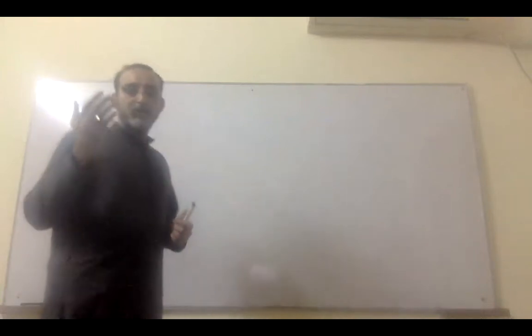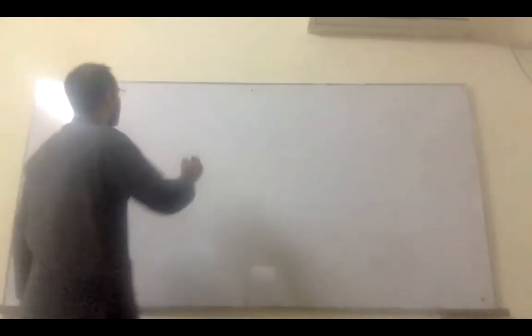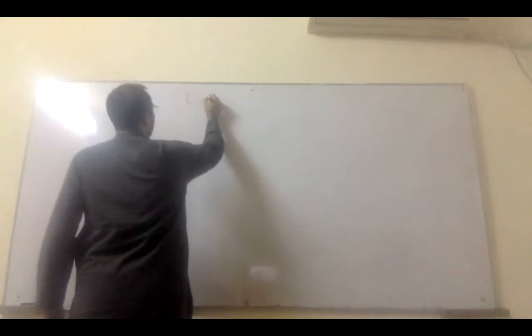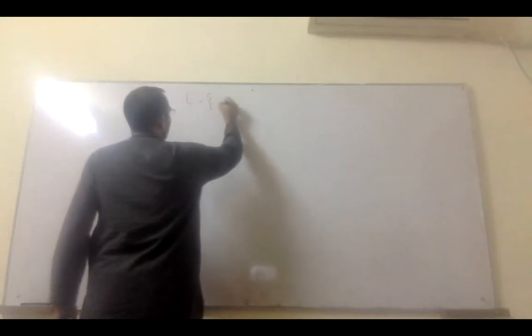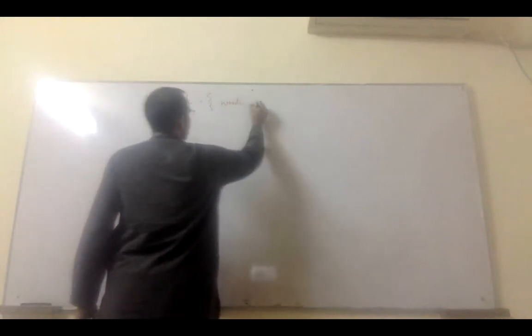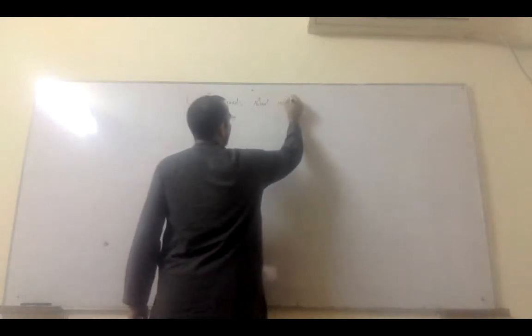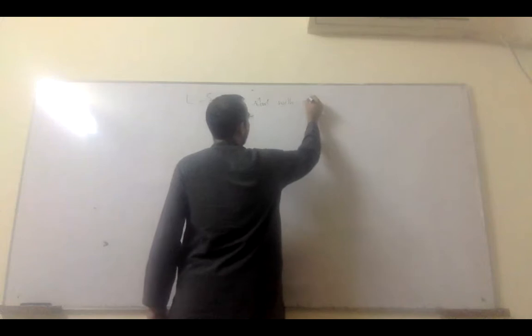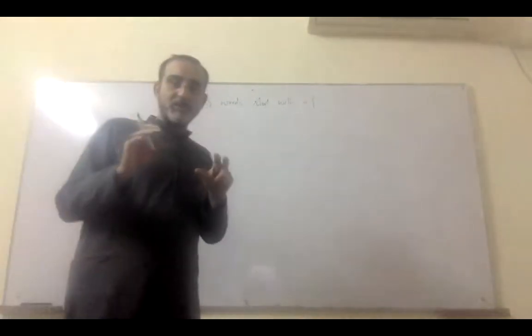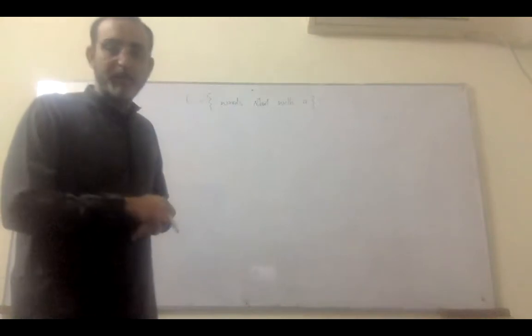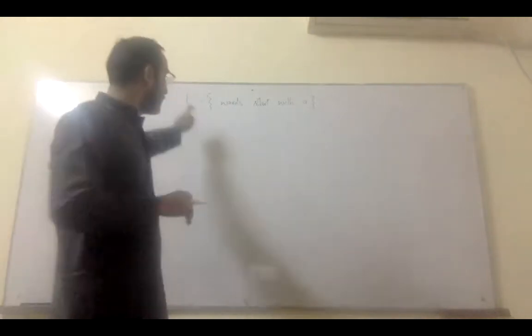So now what is my language? My language is words start with A. And now what is the complement of this language? I am asking this question very much theoretically. Complement is the opposite of this language.